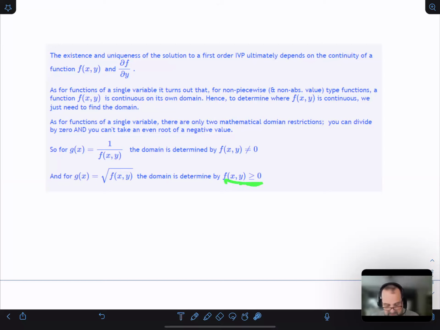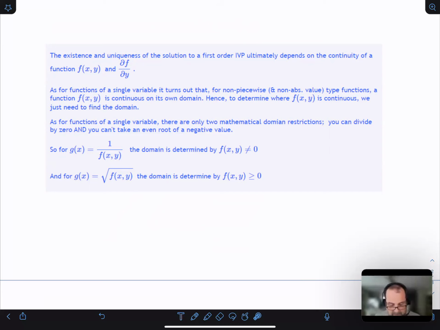It can be 0. Square root of 0 is okay. So solving these ultimately comes down to inequalities. They turn out to be inequalities that we can graph as regions in the xy plane. So this is something we are going to be interested in, being able to graph such a thing.